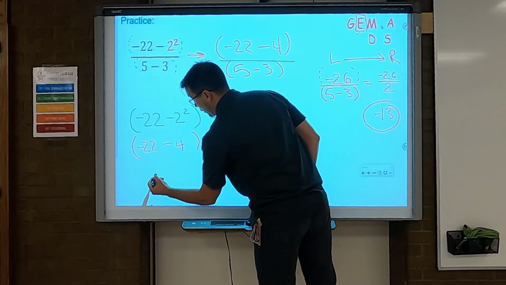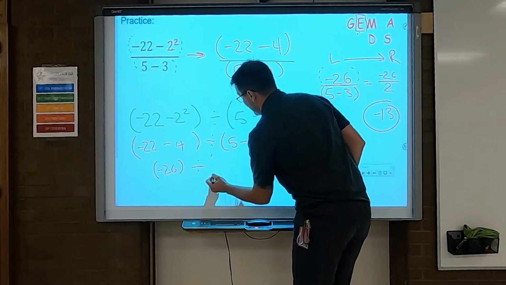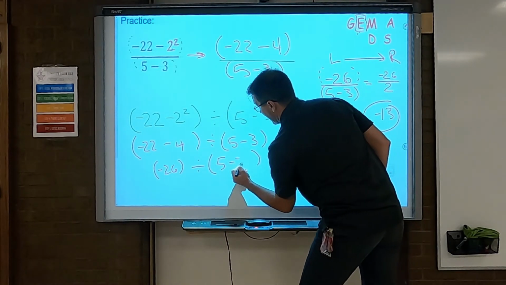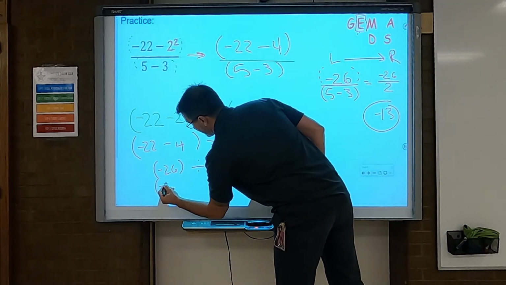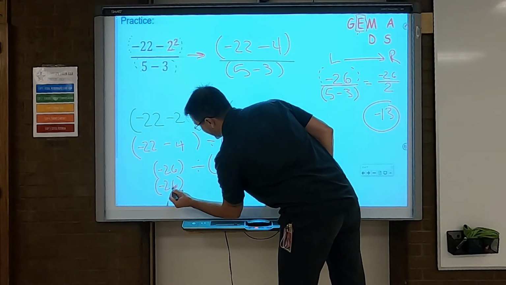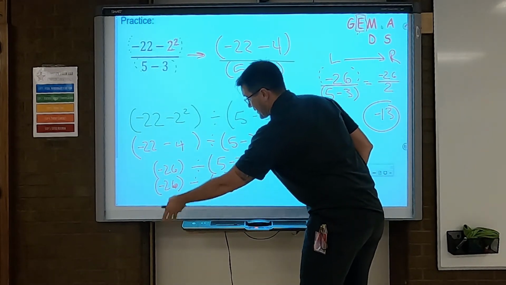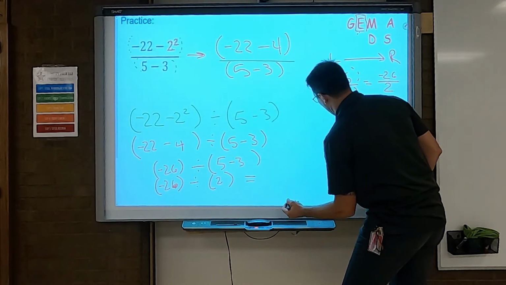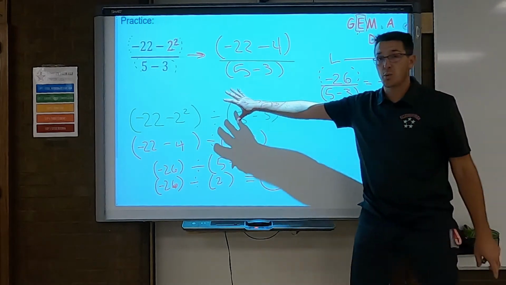Negative 22 minus 4 would be negative 26 divided by 5 minus 3, and then as I read from left to right again, I see more grouping symbols, and so I get negative 26 divided by 2, and then finally, what's negative 26 divided by 2? We see that that equals negative 13. And so they both give me the same answer, but this way is a little bit clearer.